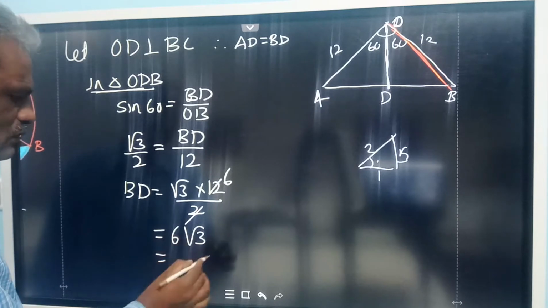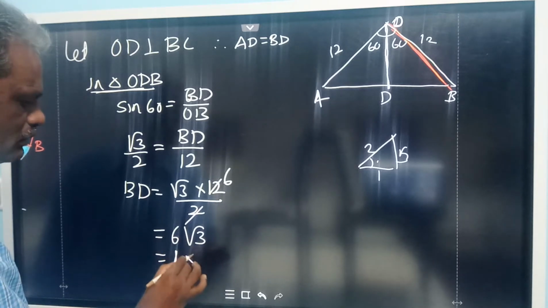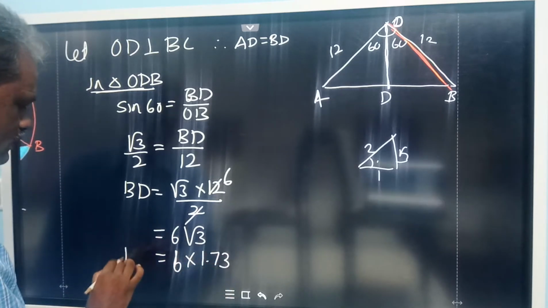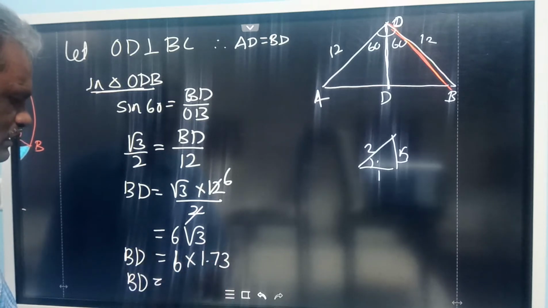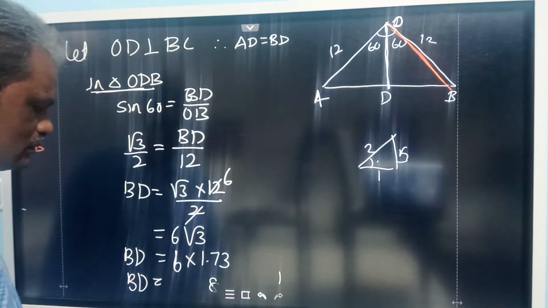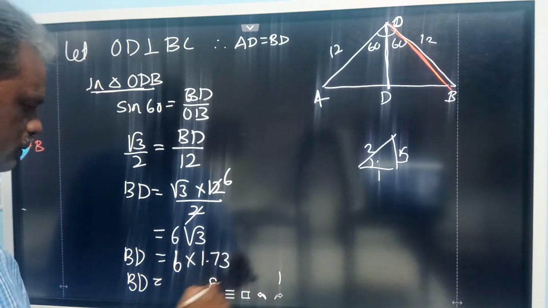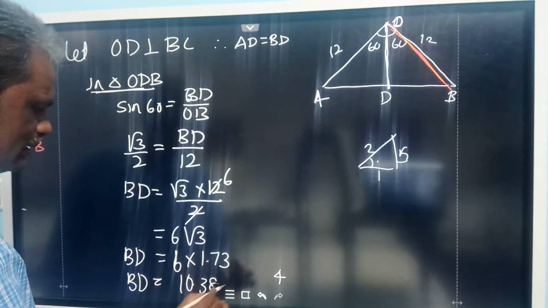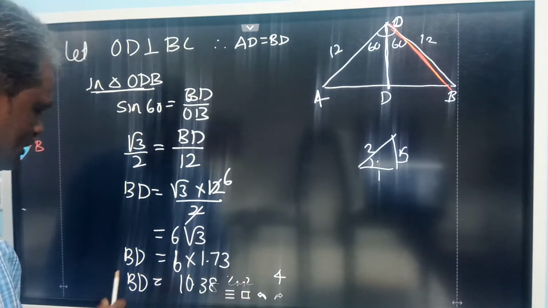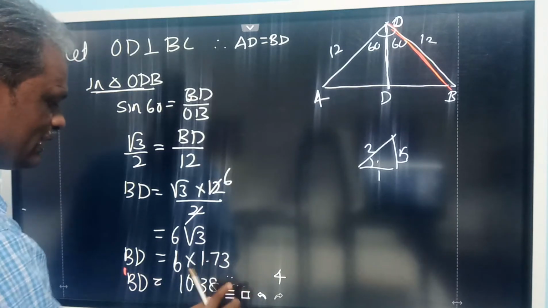And the value of root 3 is 1.73, so 6 into 1.73. Multiplying this, BD is equal to 10.38 centimeters. This is the length of BD.